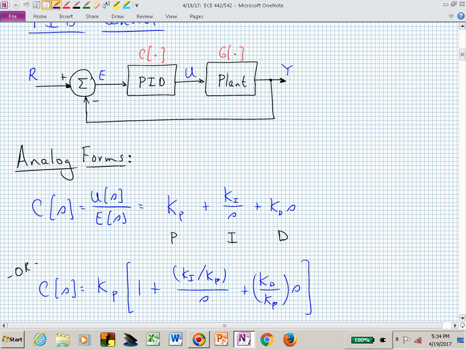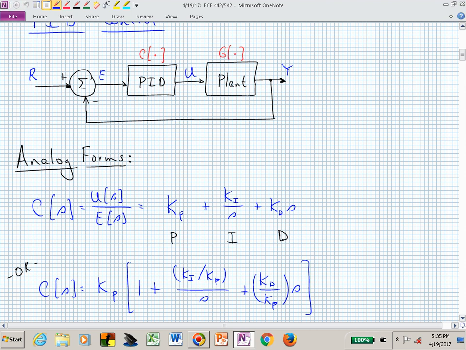The idea is you want to be able to adjust those properly to achieve the desired behavior that you want. And what we want to talk about now is how we can translate those 3 adjustable values in the analog setting into 3 adjustable parameters in the digital or discrete time structure.